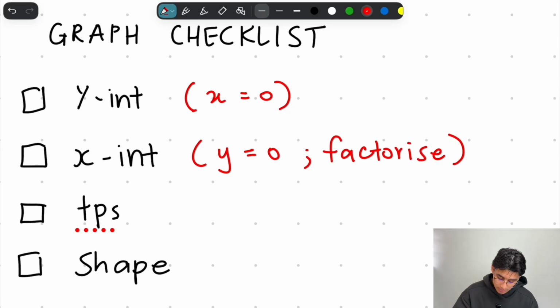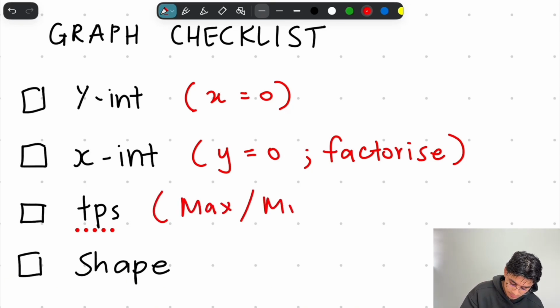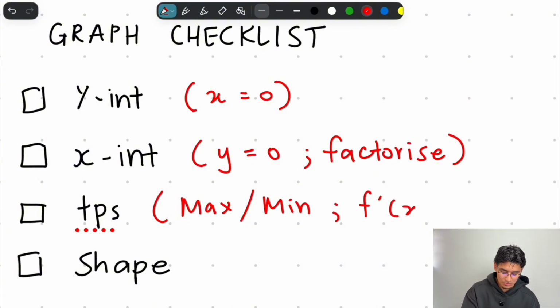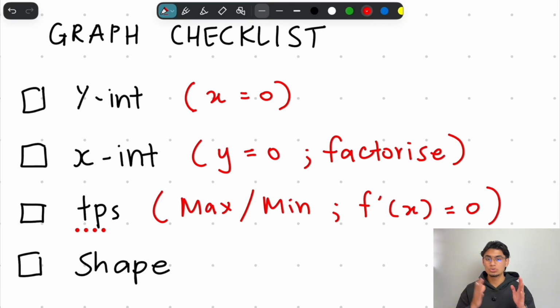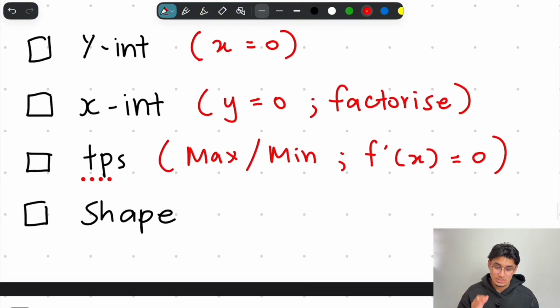Then next are your turning points, also known as your max / min. These are found by making the first derivative equal 0. What's important about your turning points is knowing which one is the max and which one is the min. This can be found by the shape of the graph. The shape solely depends on if the graph is positive or negative.